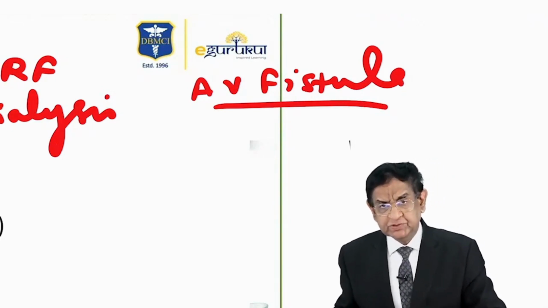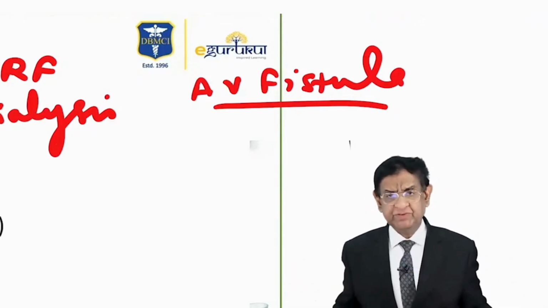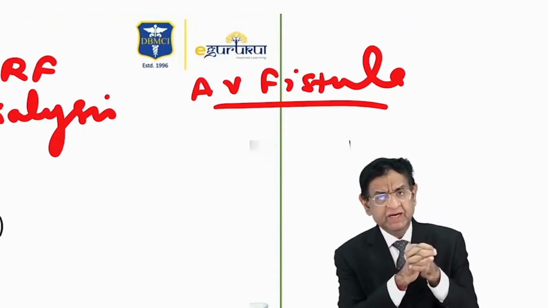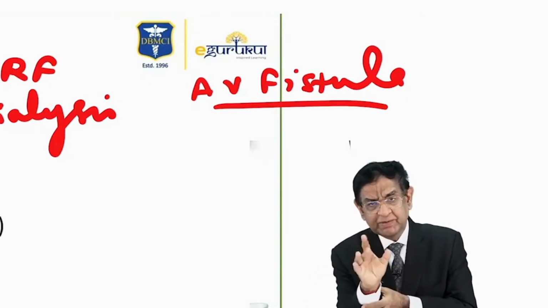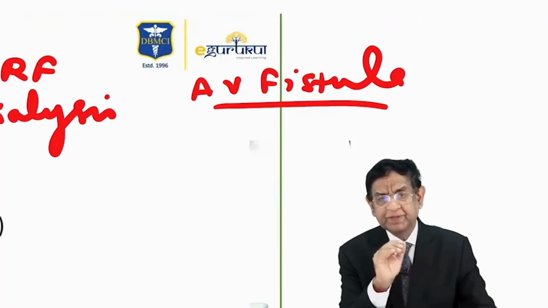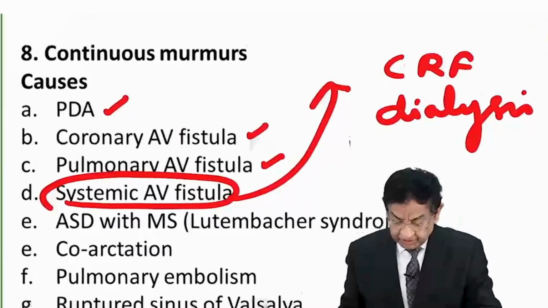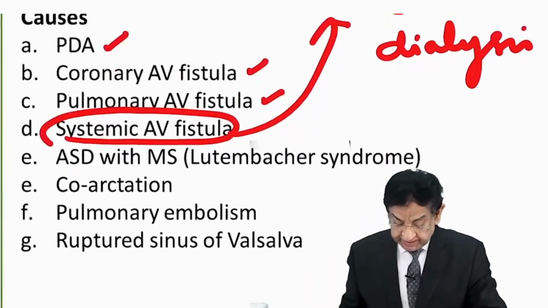If you get a chance to visit any dialysis ward, every patient will have an AV fistula. You just keep your hand over the AV fistula and you can hear this. You can even palpate it, and you can auscultate for a continuous murmur. This is the best example I can give to you.